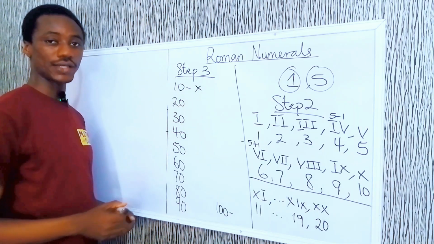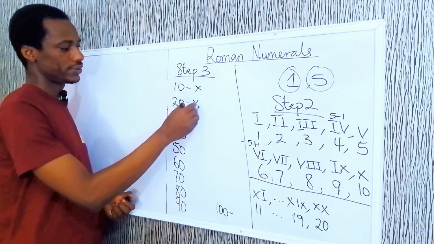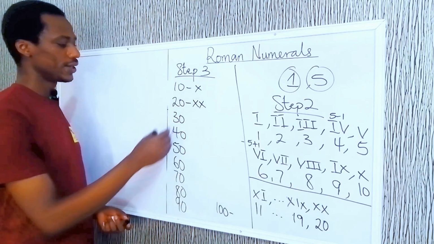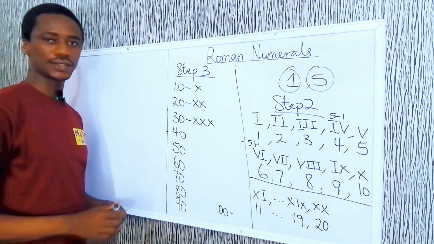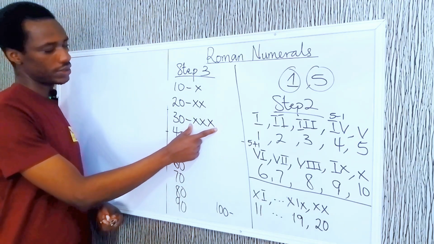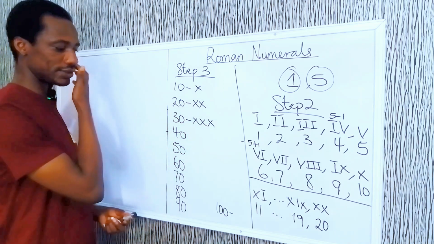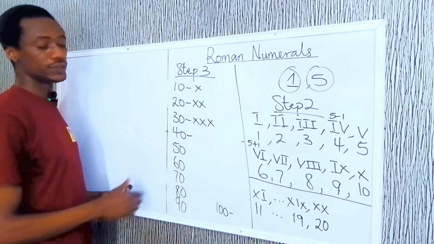We say it's X, right? 20 is 10 plus 10, XX. 30 is 10 plus 10 plus 10, XXX, all right? And remember, once it's 3, we can't go further with X, so we can't say 40 is XXXX, no. We're going to take 40 from 50.